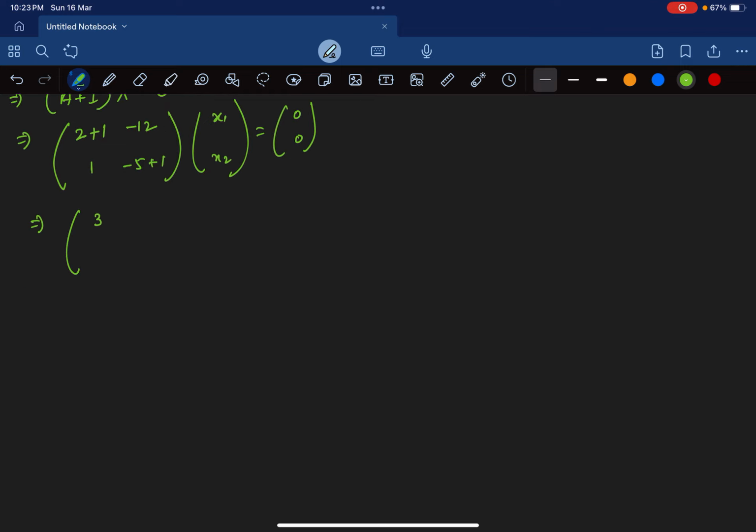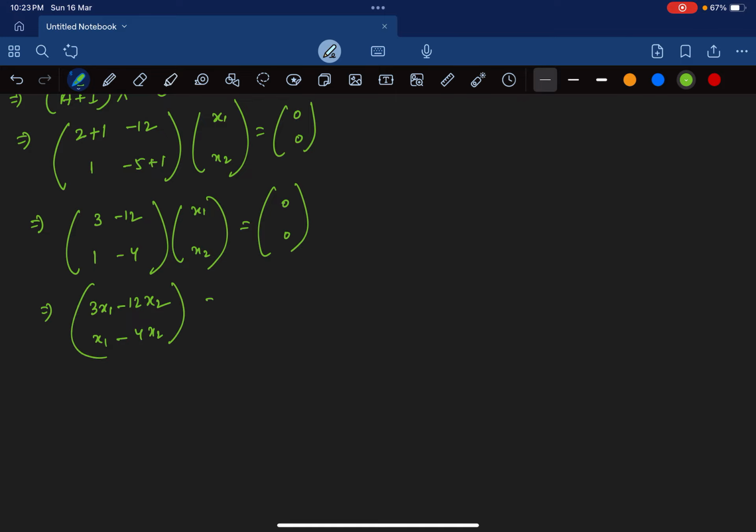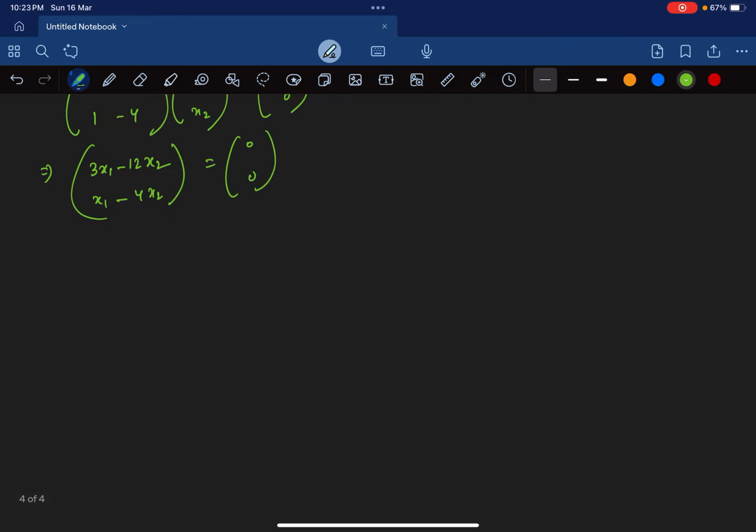Comparing, you get 3x1 − 12x2 = 0 and x1 − 4x2 = 0. Together, x1 − 4x2 = 0, which is nothing but x1 = 4x2.